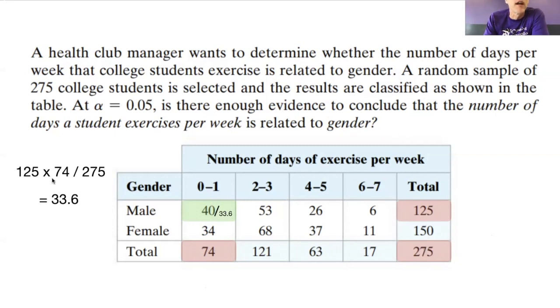So we take the total number of males times the total number of those that exercise 0 to 1 days per week, and divide that by our sample size, our grand total, 275. I've done that right here, and we get an expected count of 33.6. What does that mean? It means that if gender and exercise per week are independent, then we would expect from a sample of 275 people to get 33.6 males that exercise 0 to 1 days per week.